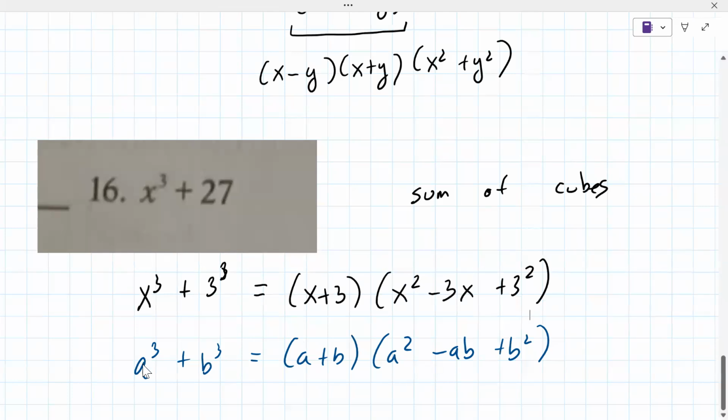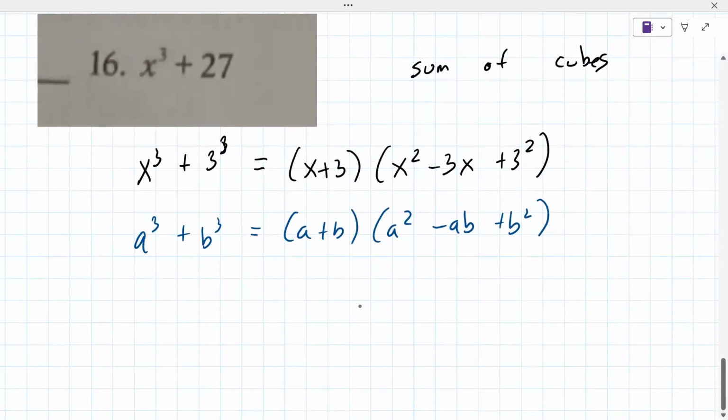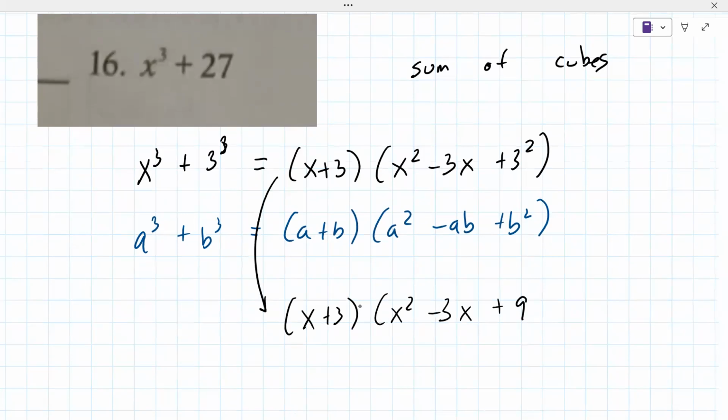You're just putting in that a is x and b is 3 into this formula. You generally do simplify a little bit, like the fact that it's 3 squared on the end, you would turn to 9.